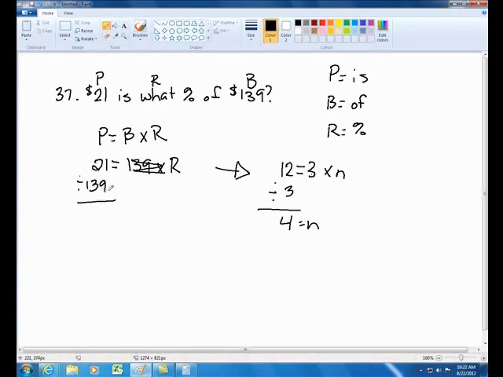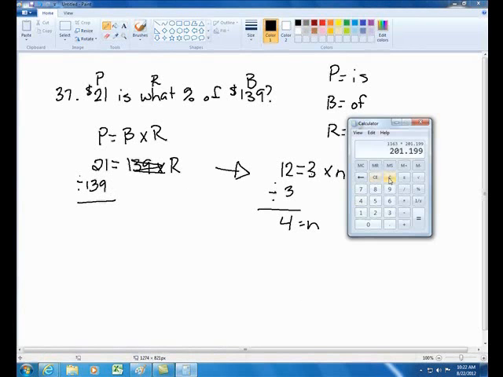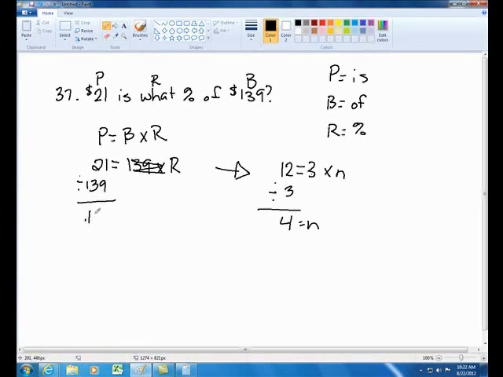Now I'm left with 21 divided by 139 on this side, and r is on this side. So it means when I solve that, it will give me the answer. So 21 divided by 139 equals 0.1511. And it says that when we have r, it's always in the form of a percent.